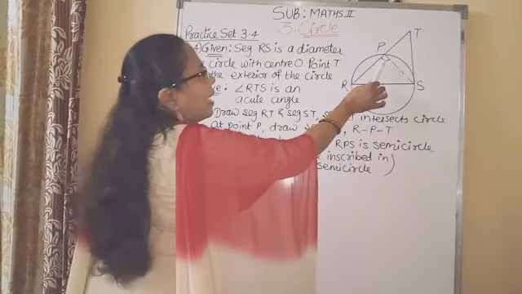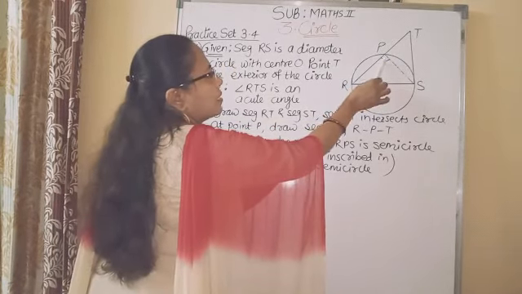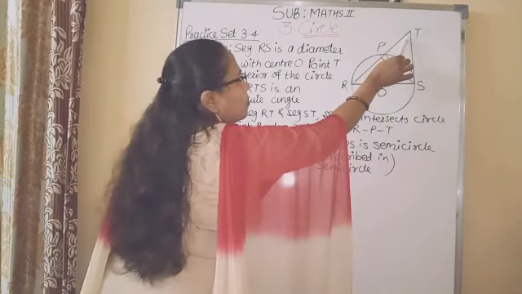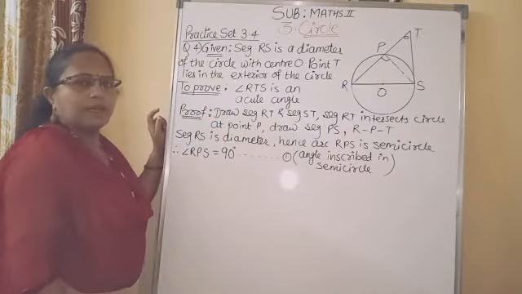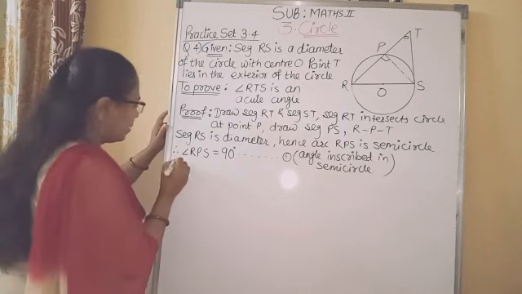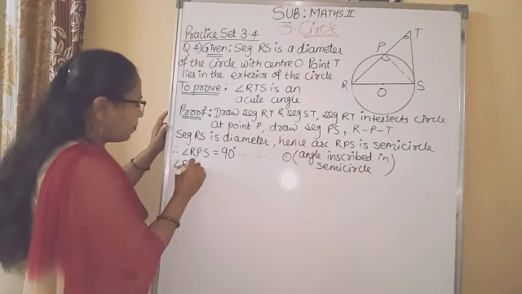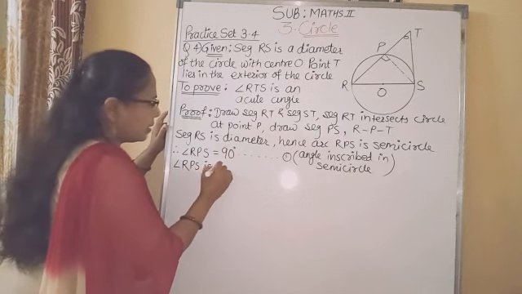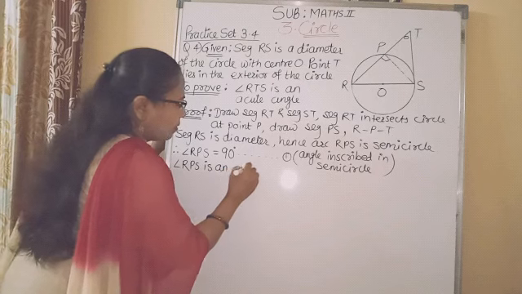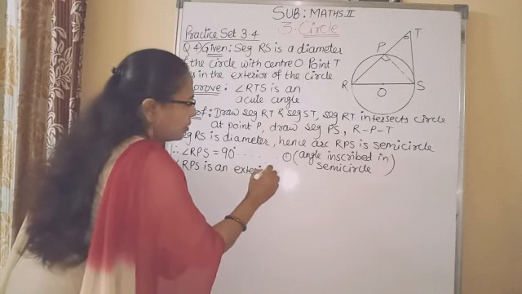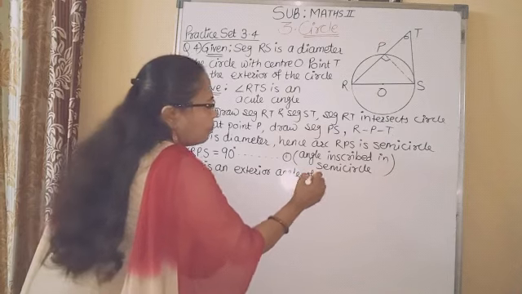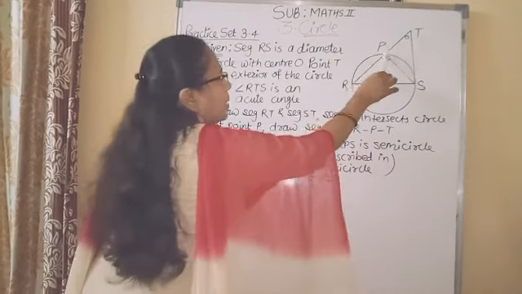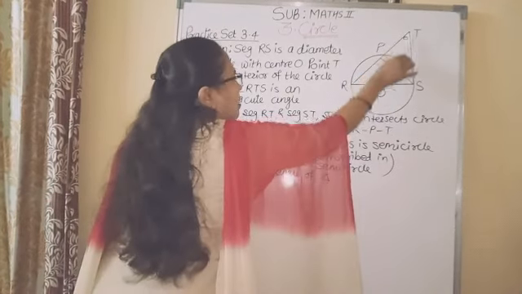And this angle RPS is greater than the remote interior angle by the exterior angle theorem. Angle RPS is an exterior angle of triangle PTS, this triangle.